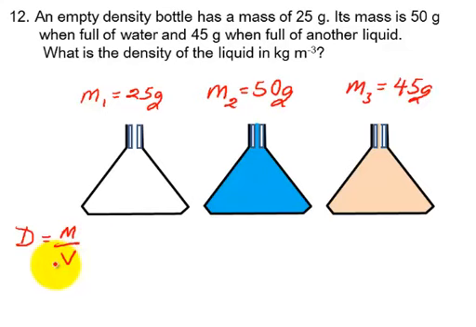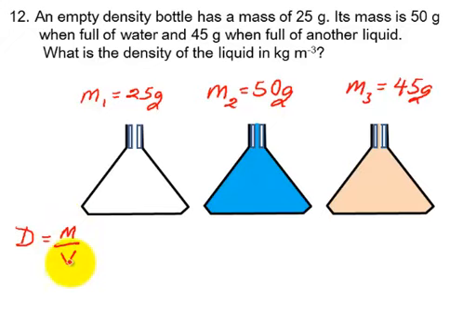Volume is the space that a substance occupies. So in order to calculate the density of the liquid, we need to know the mass of a given sample of the liquid and the volume of that sample.